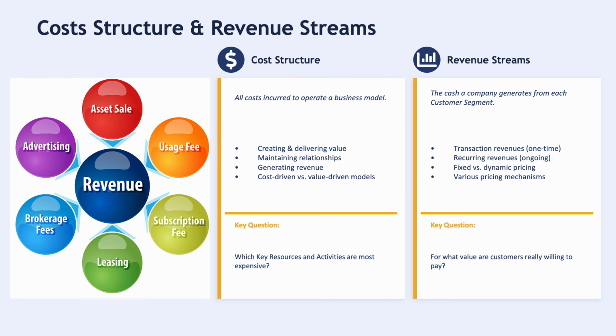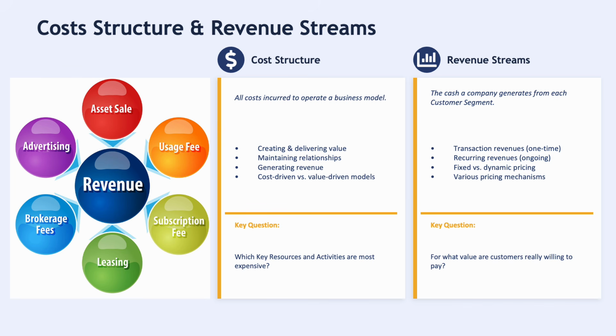Some businesses adopt a value-driven business model. Instead of focusing primarily on reducing costs, they invest heavily in creating exceptional value, quality, exclusivity, or customer experience. The chosen approach should align with the needs and expectations of the target market.